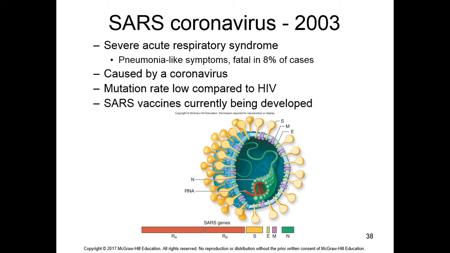Again, mutation is one of the important causes in those viruses, although the rate was lower than that of the HIV virus, but still because of this mutation we were not able to catch that virus and control it so quickly. Its vaccine is currently being developed.